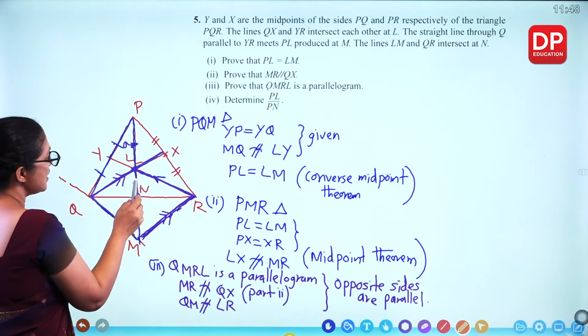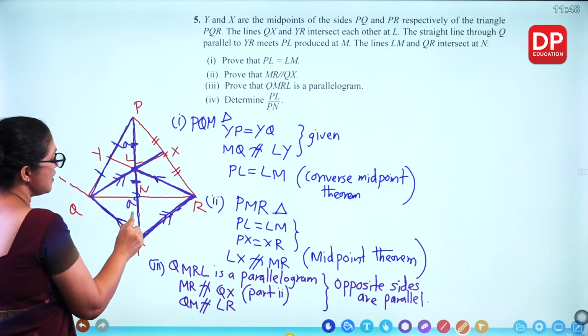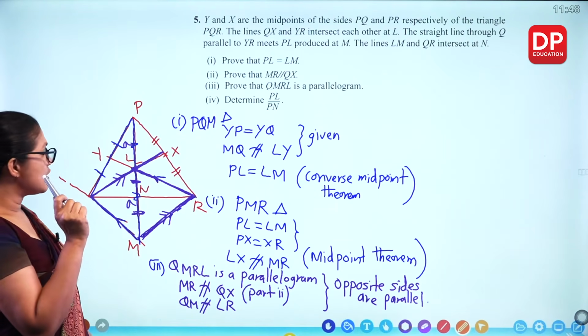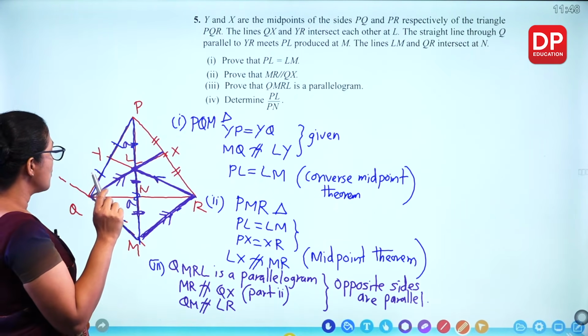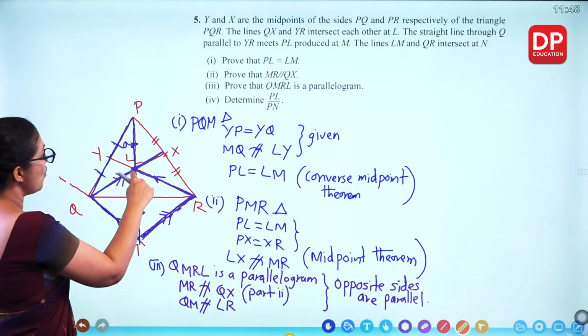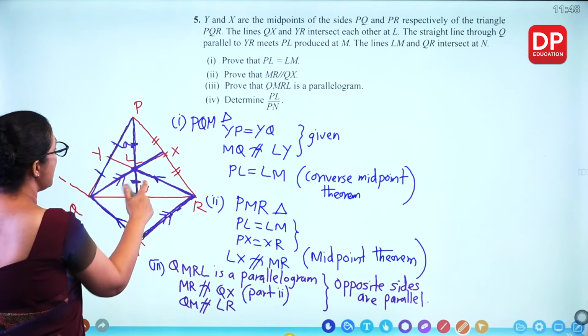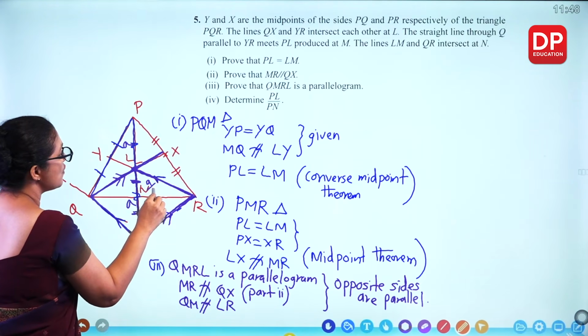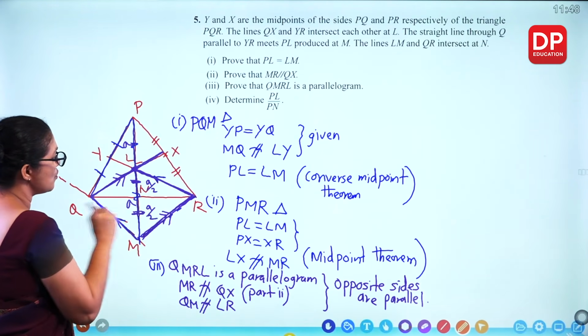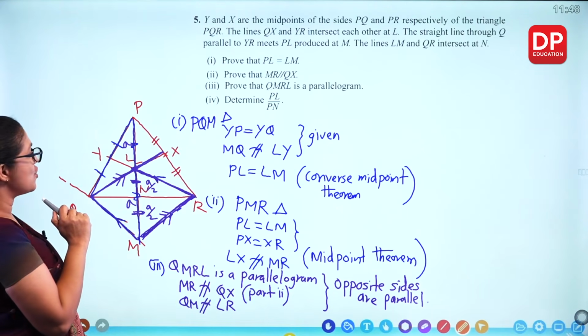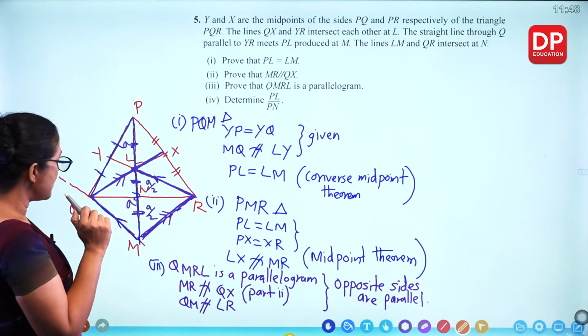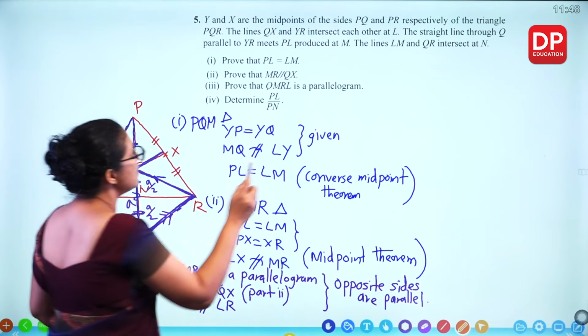We know that diagonals bisect each other. So here if LM is A, we know this is A over 2, A over 2. Now we can find out the ratio.